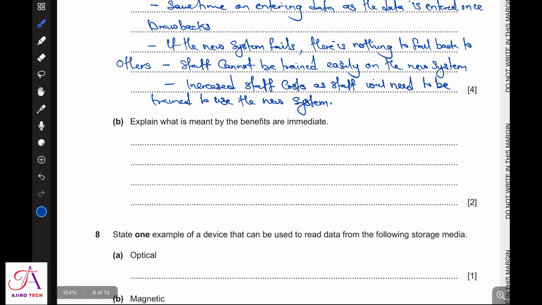Explain what is meant by the benefits are immediate. There's one way to explain this, right?